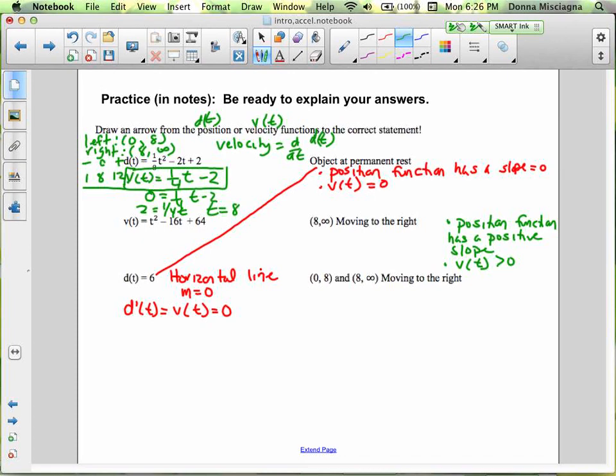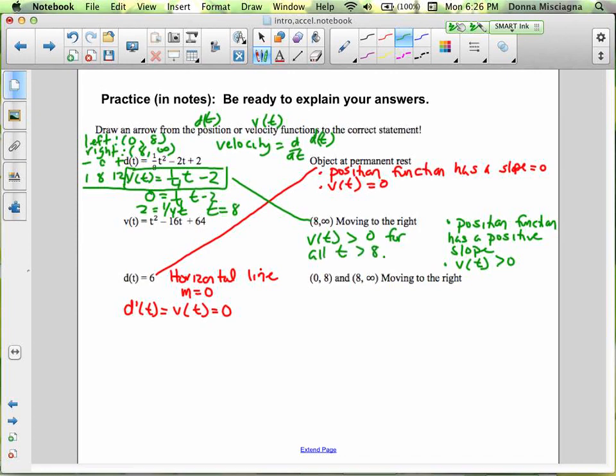Moving to the right, from 8 to infinity, would be represented by the position equation 1/8 t squared minus 2t plus 2. We've met the requirement here, so that's our correct function, because v of t is greater than 0 for all t greater than 8.